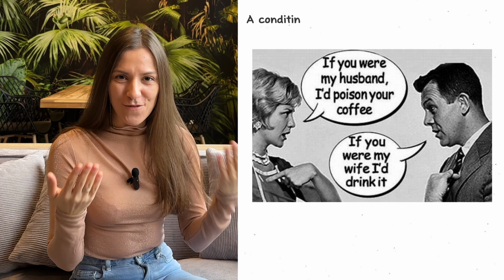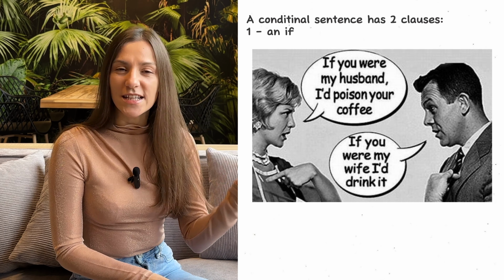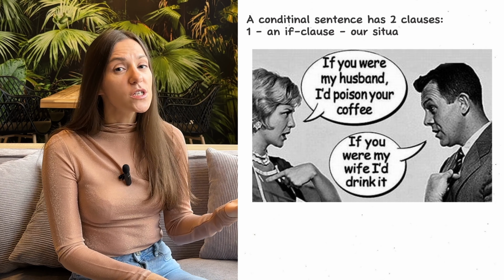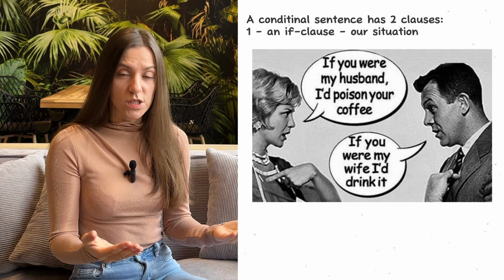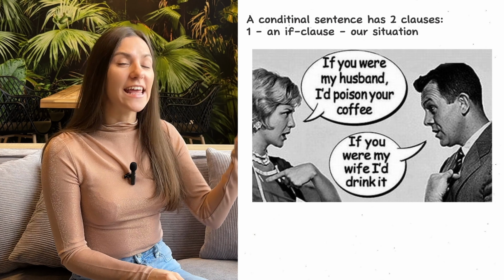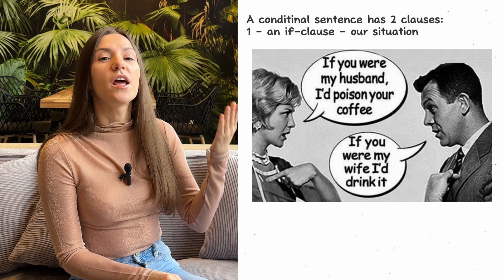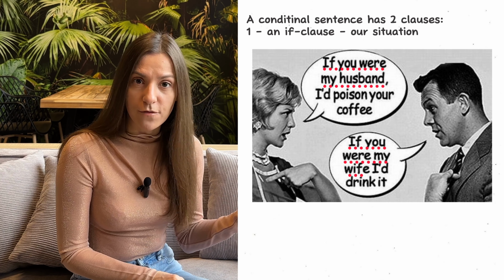As we remember from the first lessons, there are two clauses in a conditional sentence. And the first clause is a conditional clause or an if clause. An if clause usually shows a situation. And in this case, they are if you were my husband and if you were my wife.